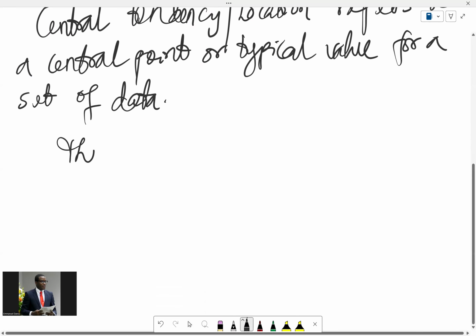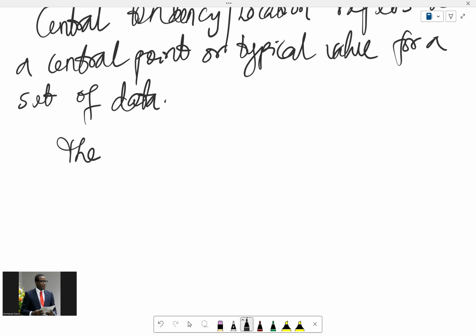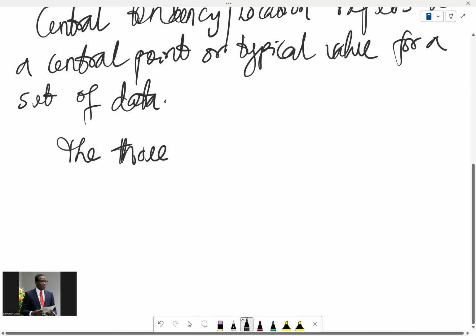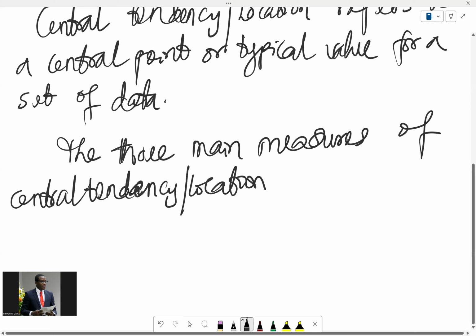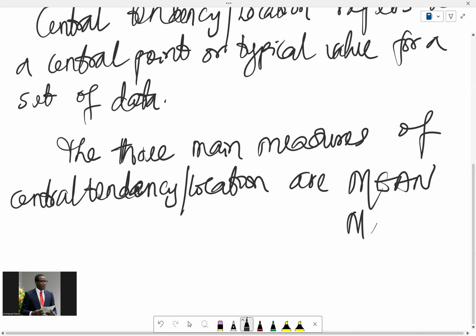These are the most important and most common measures that I believe most people know in statistics. The three main measures of central tendency, or measures of location, are mean, median, and mode.